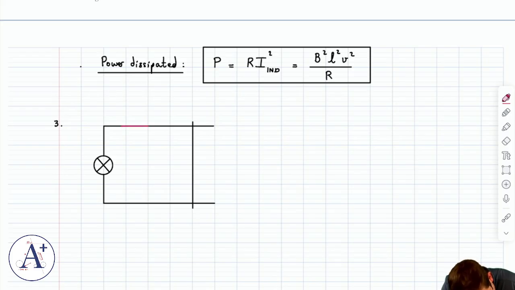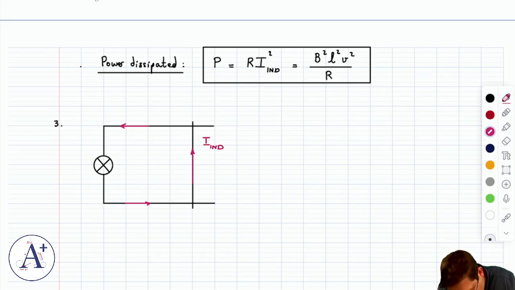I know I induced flows counterclockwise, which means I induced flows up the rod. I also know that I have B into the page and B induced out of the page.